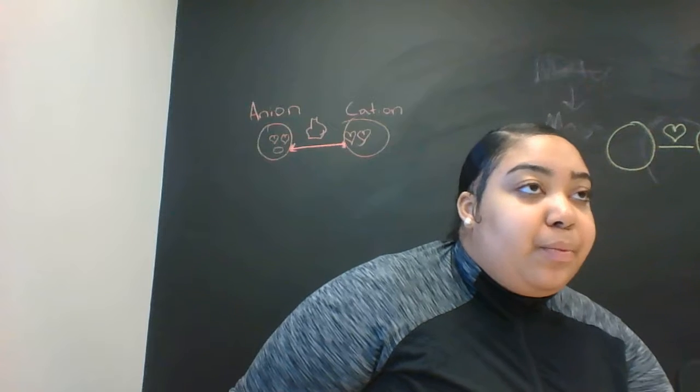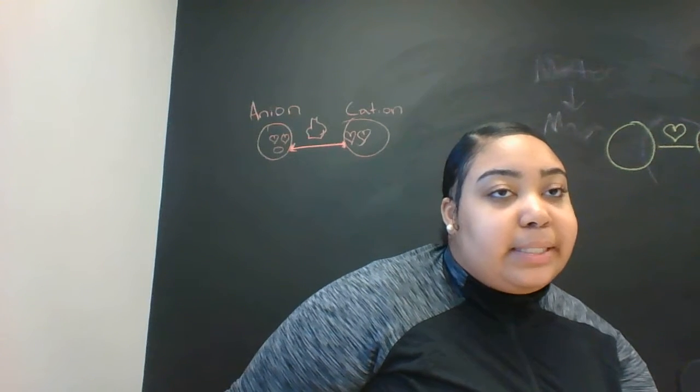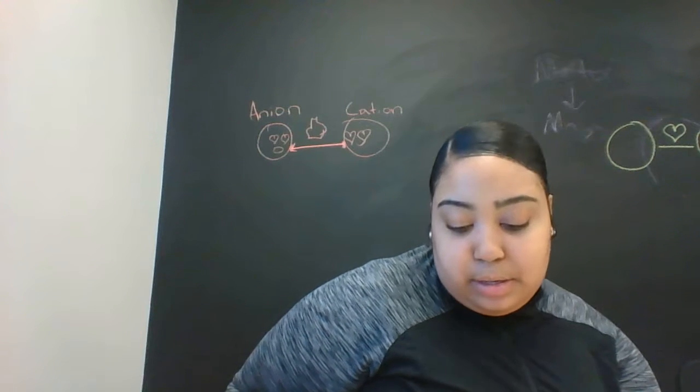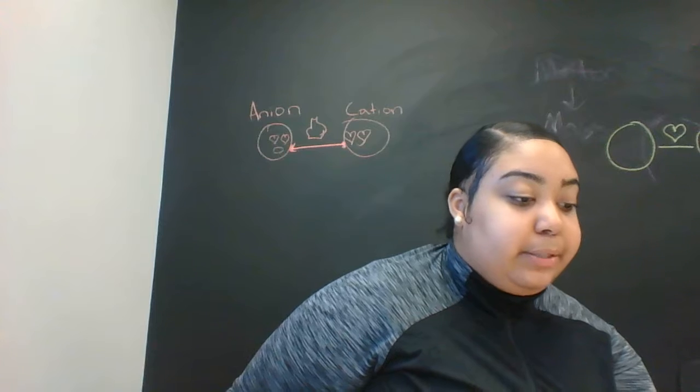So remember when we talked about the spinal cord, ascending was sensory, and descending is motor. So they both have motor and sensory functions.